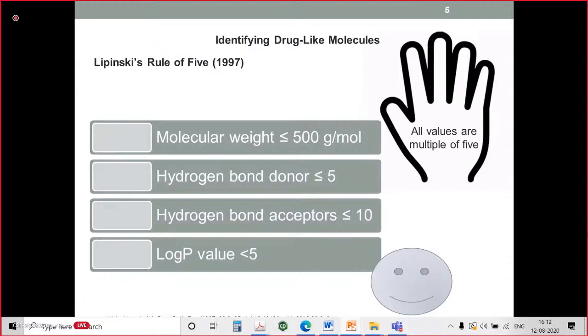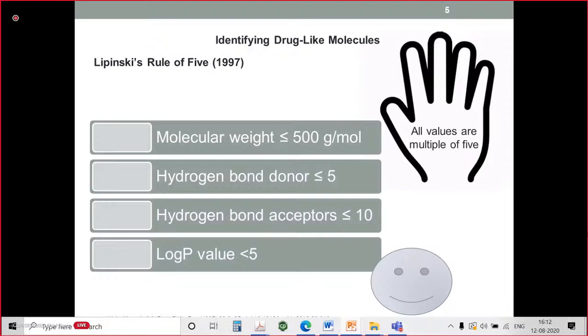All of these are multiples of 5, which is why it is known as Lipinski's rule of 5, also known as Pfizer's rule or Ro5. These rules are nowadays considered a thumb rule for pre-filtering of drug-like molecules, giving you an idea whether a molecule may act as a drug or not.